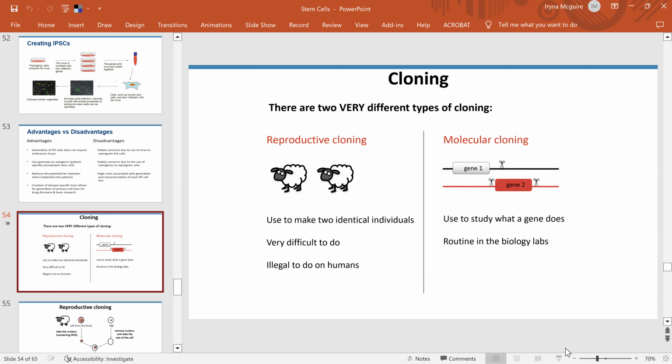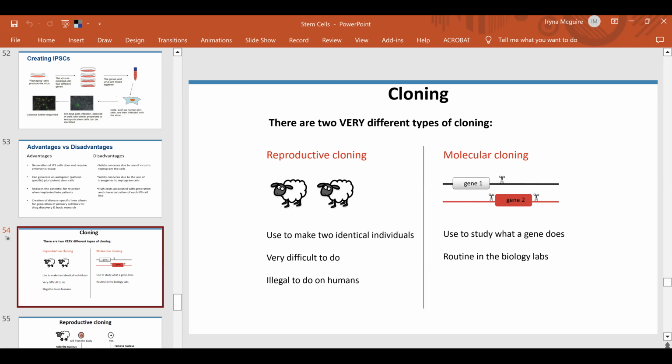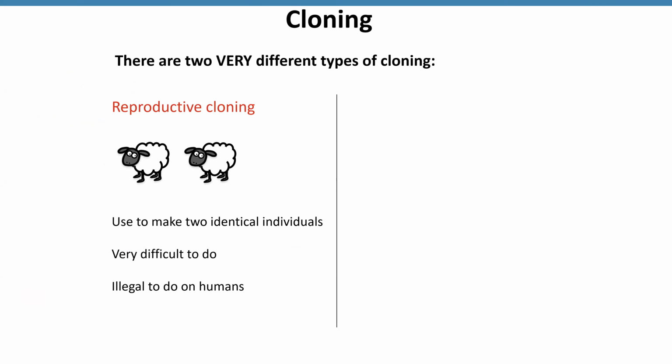So we need to apply this cloning to the stem cells concept. Let's talk about different types of cloning first. There are two very different types of cloning. Reproductive cloning is when we make two identical individuals.